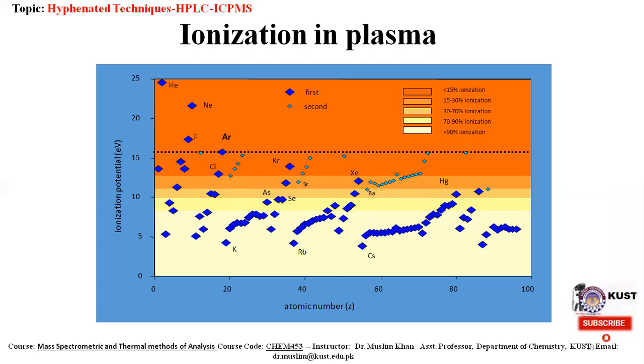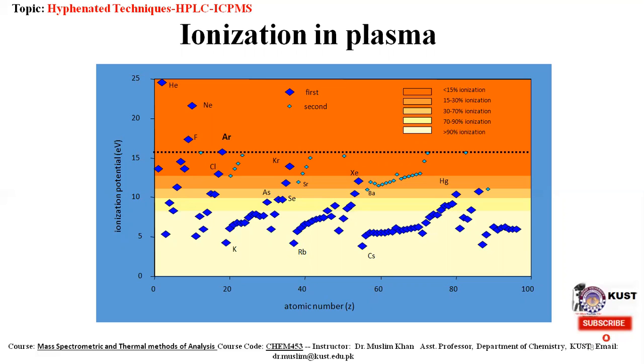It is also important to mention that although ICPMS is predominantly used for the detection of positive ions, negative ions are also produced in the plasma. However, the extraction and transportation of negative ions are different.